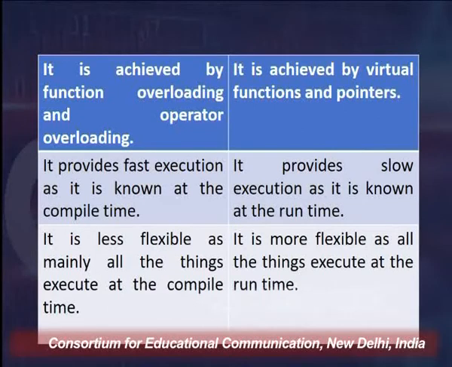Now coming to the issue of speed. Compile time polymorphism provides fast execution because it is well known at compile time, and it speeds up the process. But runtime polymorphism provides slow execution as it is known only at runtime. Before runtime, the correct version of the method, function or message to be called is not known, so it is a bit slower.